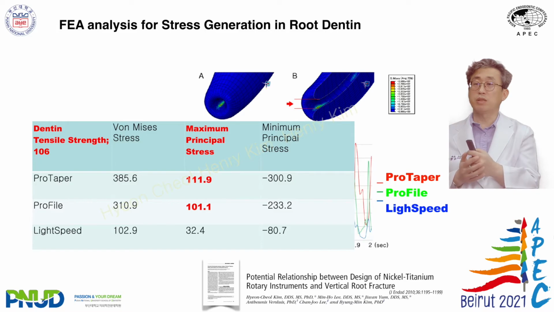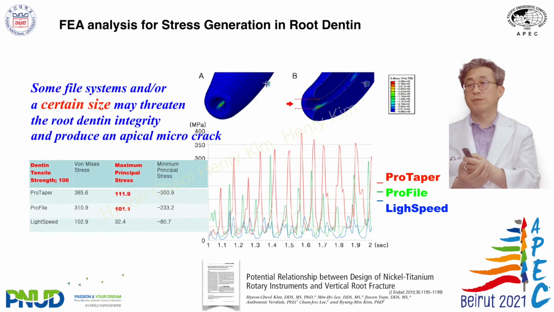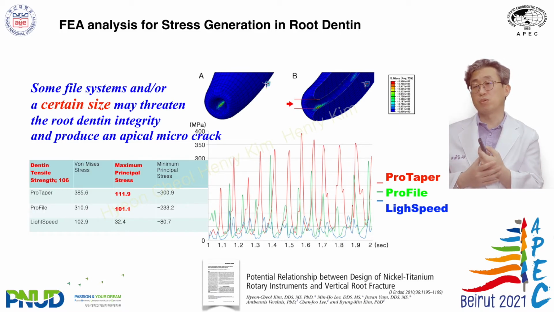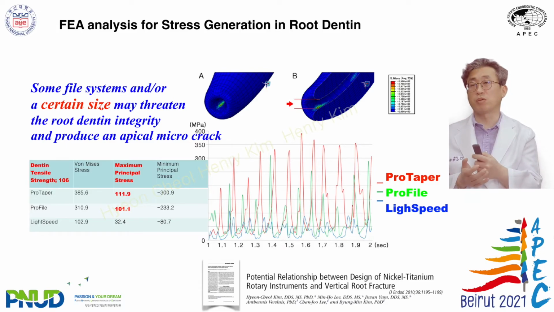It means that potential cracks may occur when using those steeper instruments. So I would say some file systems or a certain size of instrument may threaten root integrity and possibly produce an apical microcrack.